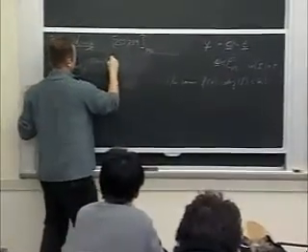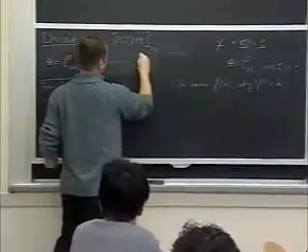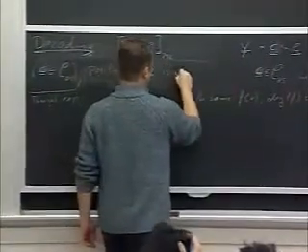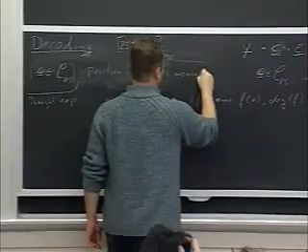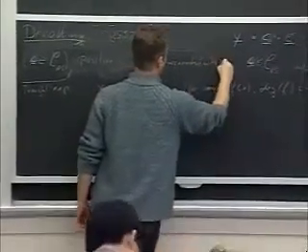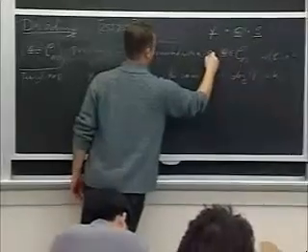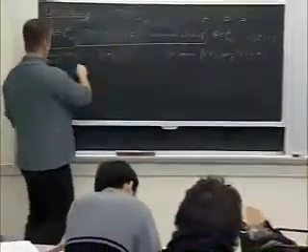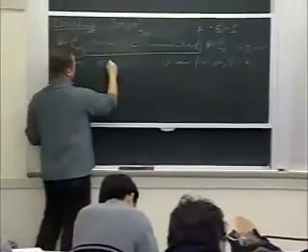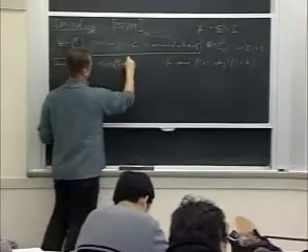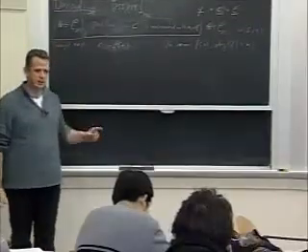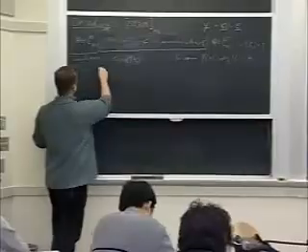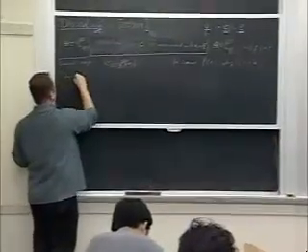Position i in c is associated with x_i in the field. So meaning c_i would be f of x_i. And that's really what I wanted to write. Makes more sense. Okay, so thought experiment: no errors.